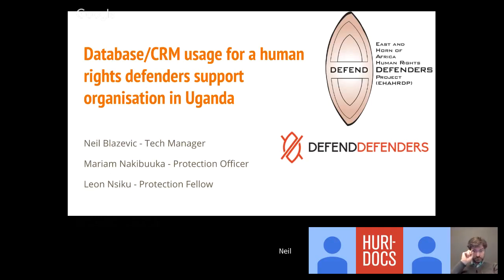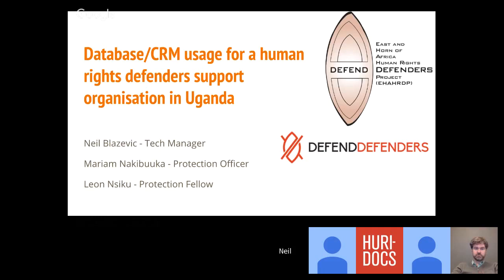And what the protection program does is that it supports defenders, human rights defenders across the region with capacity building, with migration, in case they have migration issues, in case they need family support, yeah, and all that. Yeah. So the protection program comes in, and that's where me and Leon mainly work.